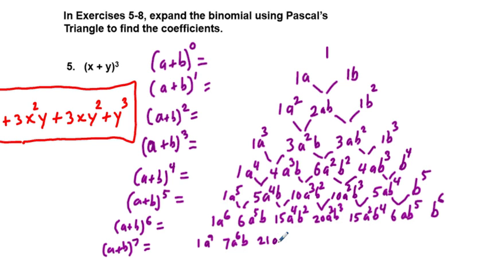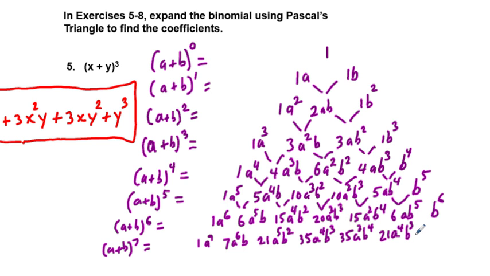We're going to have A to the 5th B squared, and then 15 plus 20 is going to be 35 A to the 4th B cubed. And then we have 20 plus 15 is also 35 A cubed B to the fourth. And then we have 15 plus 6 is 21 A to the fourth B cubed.